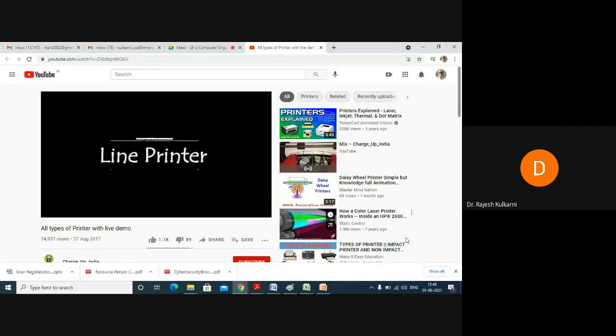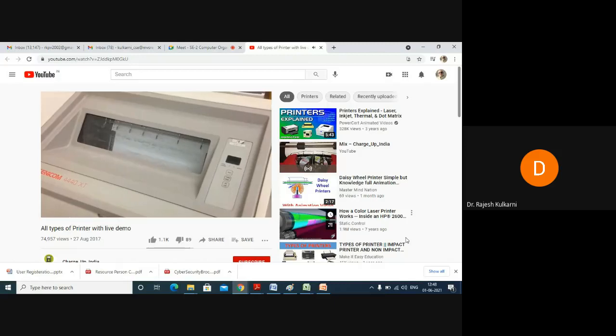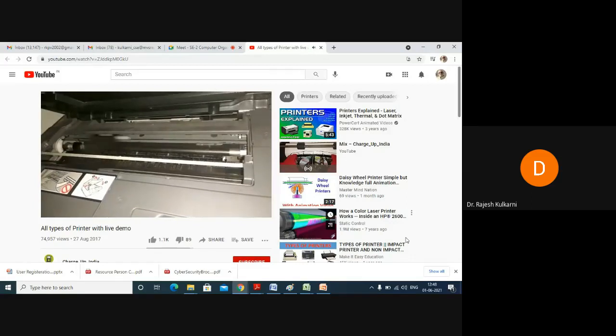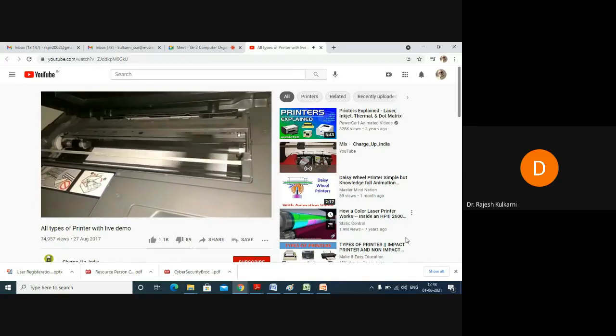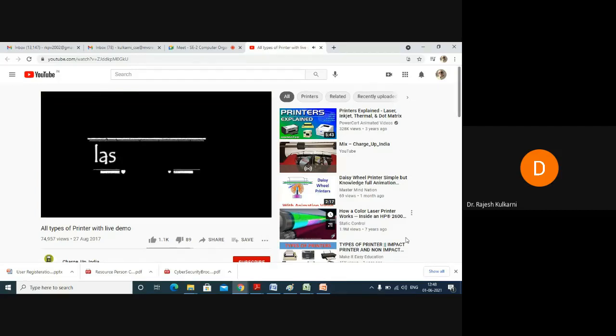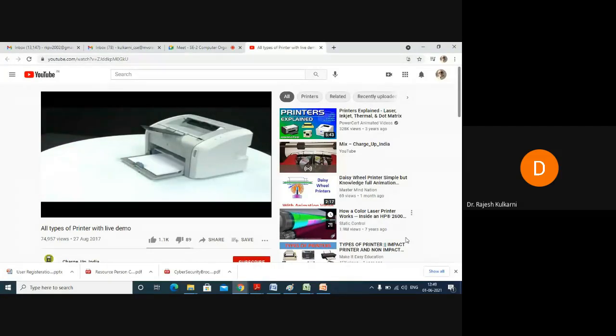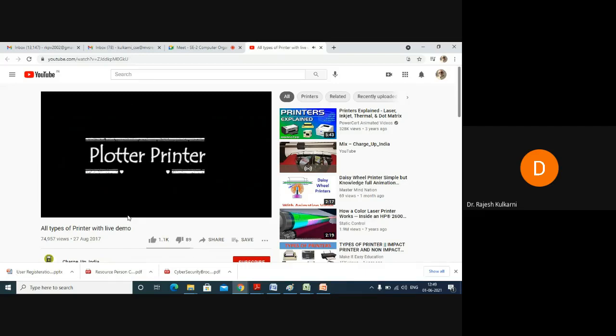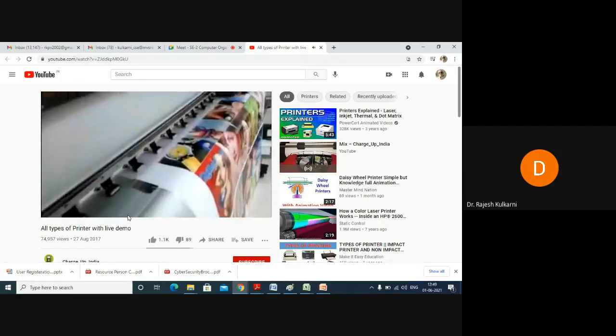Then you have a line printer. And this bigger plotter printer you might have seen at many places.